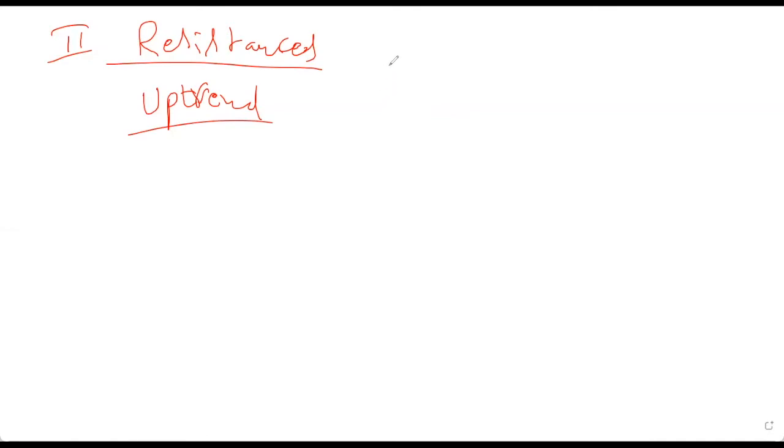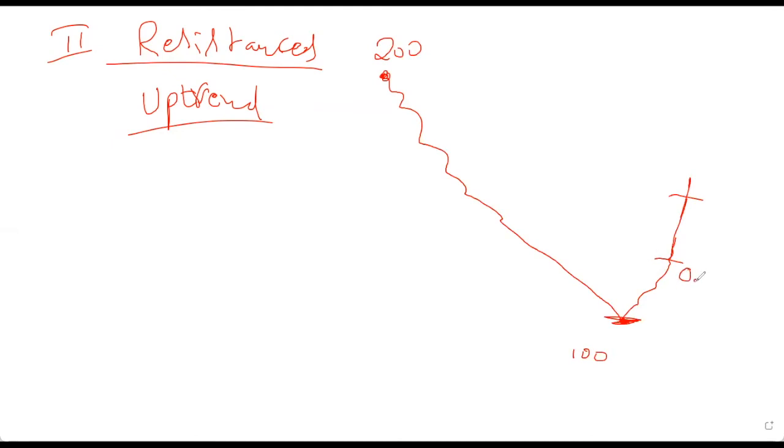How to apply this one: let's say a stock was trading at 200 rupees, it fell down to 100, and you have purchased some shares at 100 rupees. Now again it started recovering, bouncing upside. Again it started moving upside. If this starts moving upside, again you have a problem. Sir, where are the resistances?